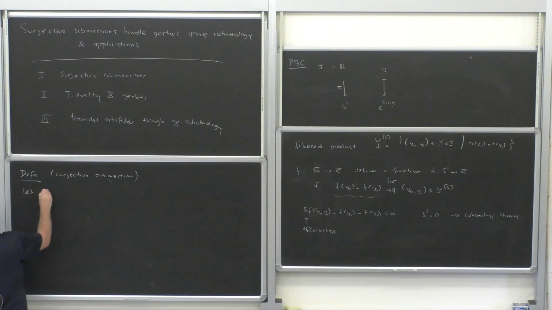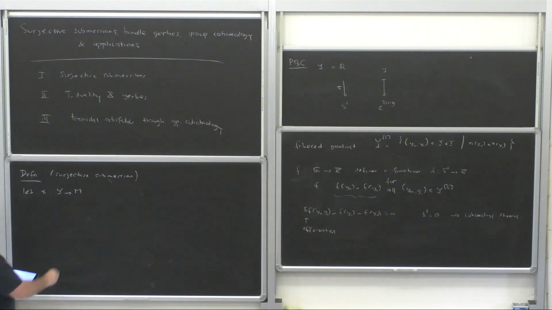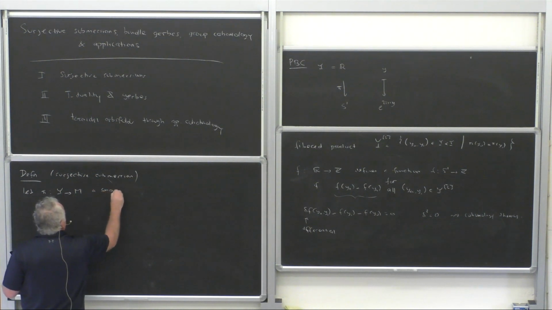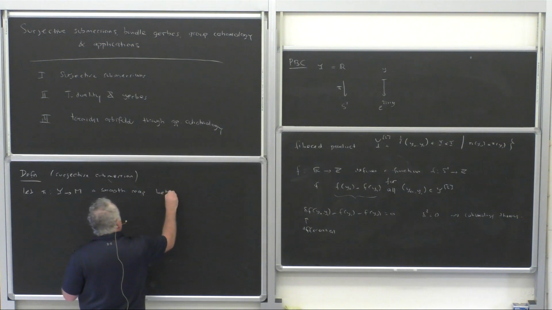So let pi be a smooth map between smooth manifolds.